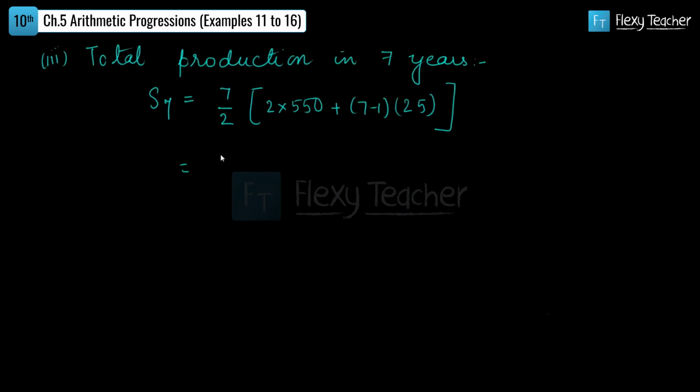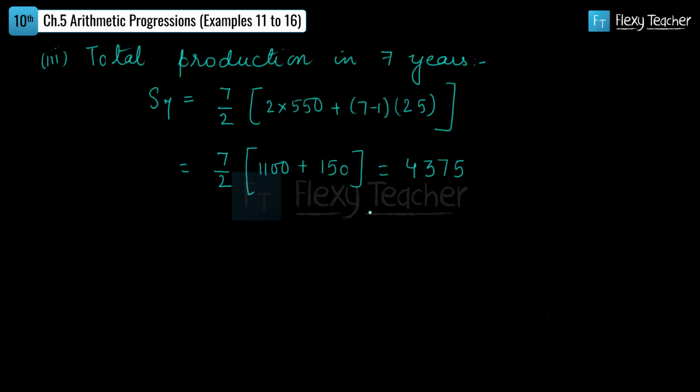So this is equal to 7 upon 2 into 1100, 550 into 2, plus 6 into 25, which is equal to 150. Okay, and this is equal to 4375. Okay, 7 upon 2 into 1100 plus 150 is equal to 4375.